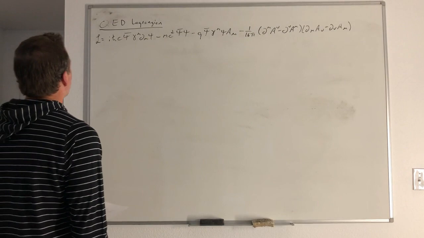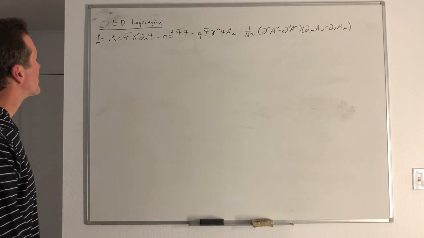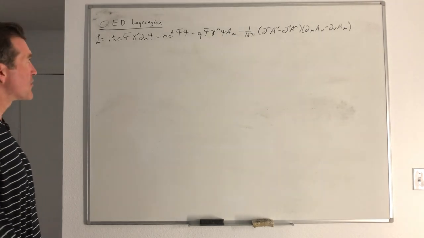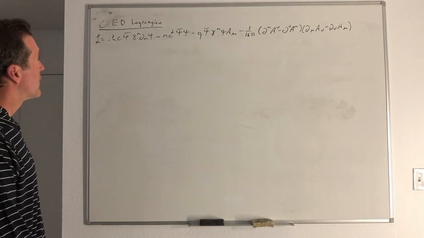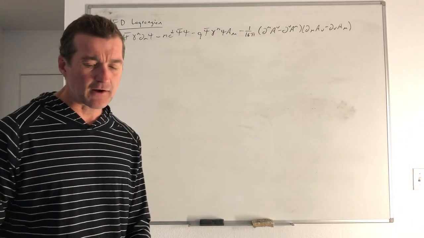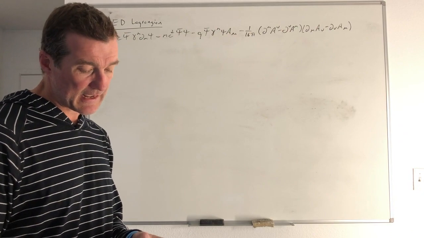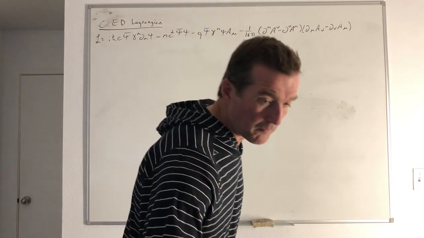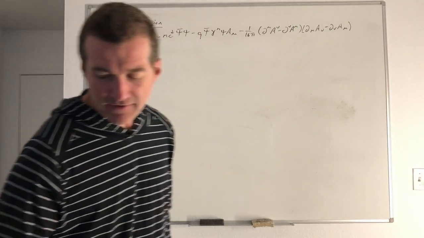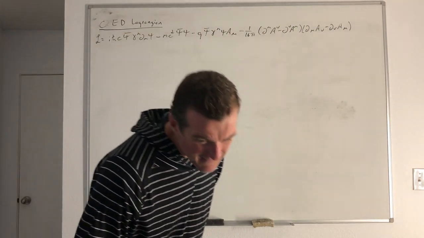Weird. Okay. All right. So let's think about this for a moment. What do you think the fundamental vertex of interaction in this theory looks like? Brandon, are you there? Yeah, I'm here.